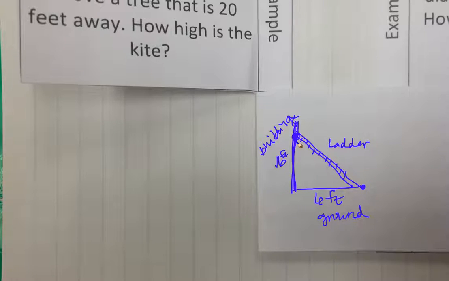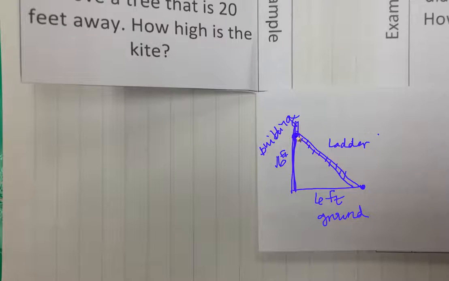So we're pretending that you can go find different size ladders, and you don't want one that's too big, because if it's too big, then it's not quite as stable. So you want to find the shortest ladder possible, just because physics, if you have a longer ladder, that means that it's a little bit weaker, it may not be as strong. So we want to find the shortest ladder possible.